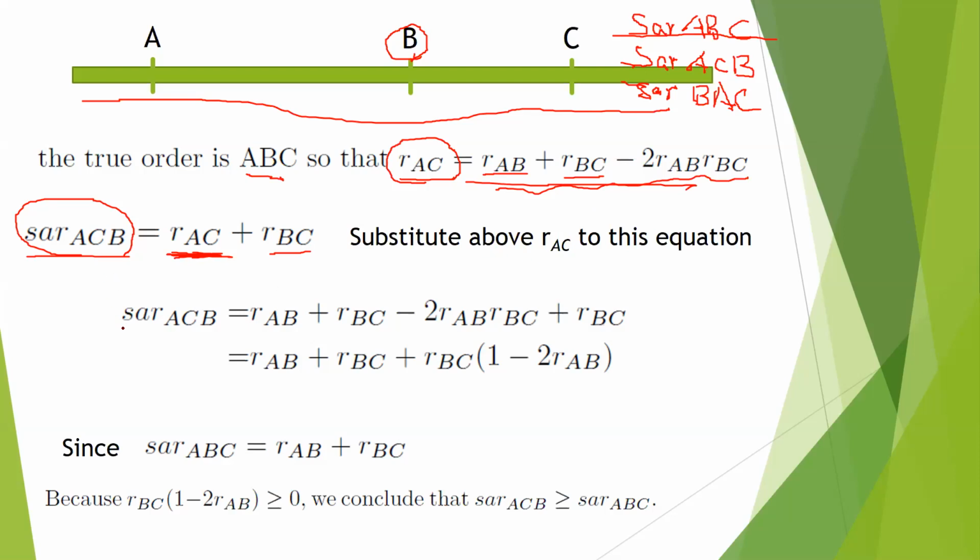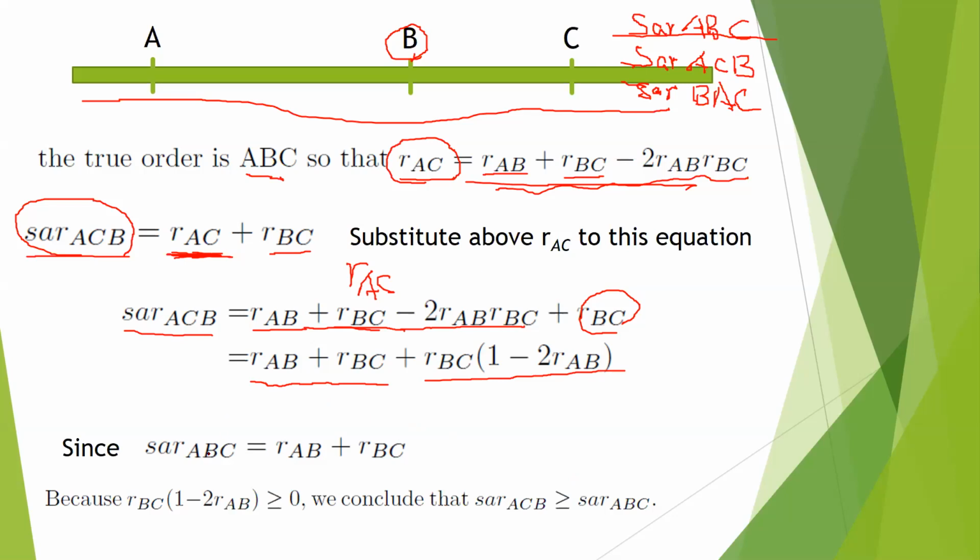Then we can rewrite SAR ACB equals RAB plus RBC minus this, which is RAC, the whole thing, plus this. Is that correct? And if you do a little bit of rearrangement, it will give you this plus this, okay?